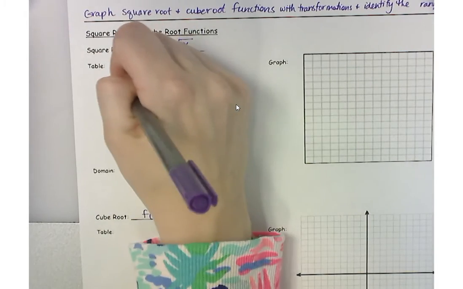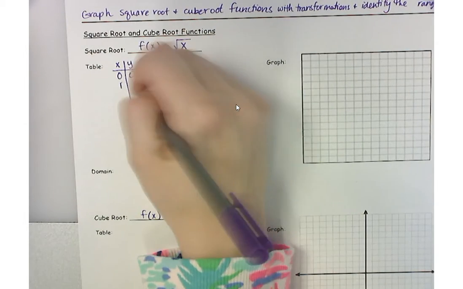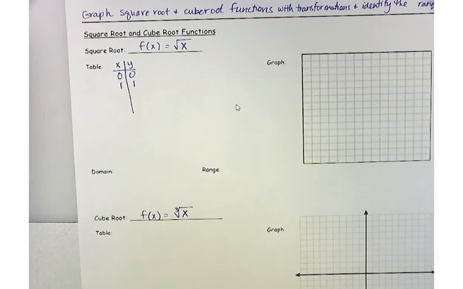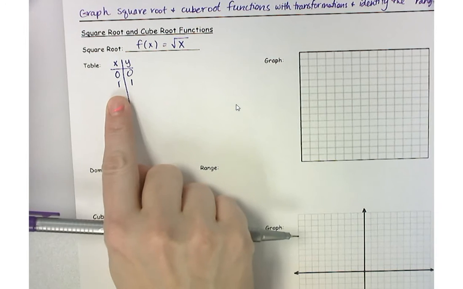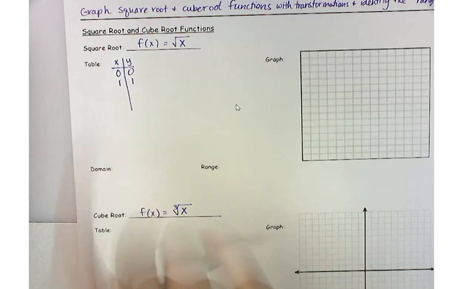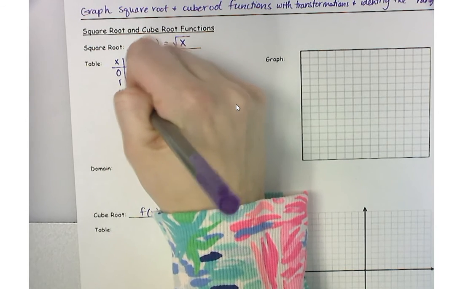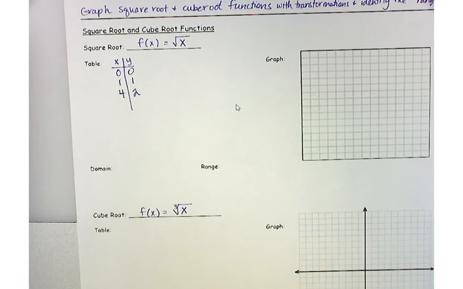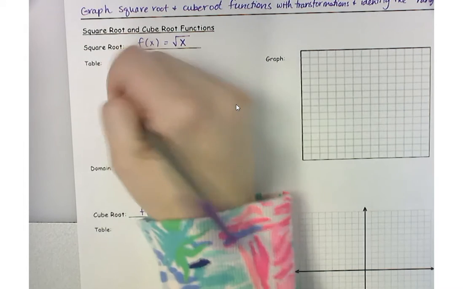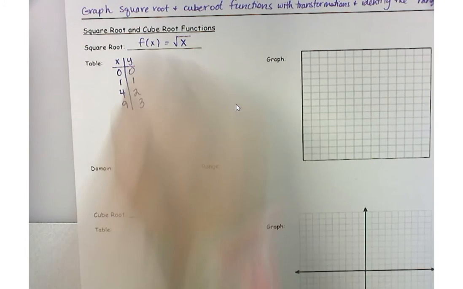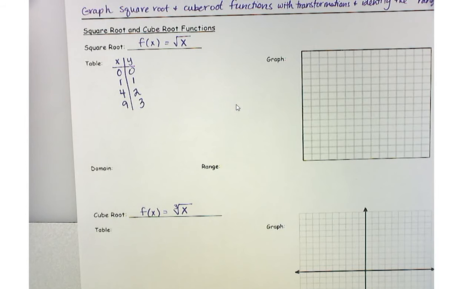If I'm doing this without a calculator, I would know that my next value I want to plug in is 4, because it is a perfect square. Good. Then the next one I want to plug in is 9. These are the 4 points that I'm going to have you graph whenever we're doing a square root.